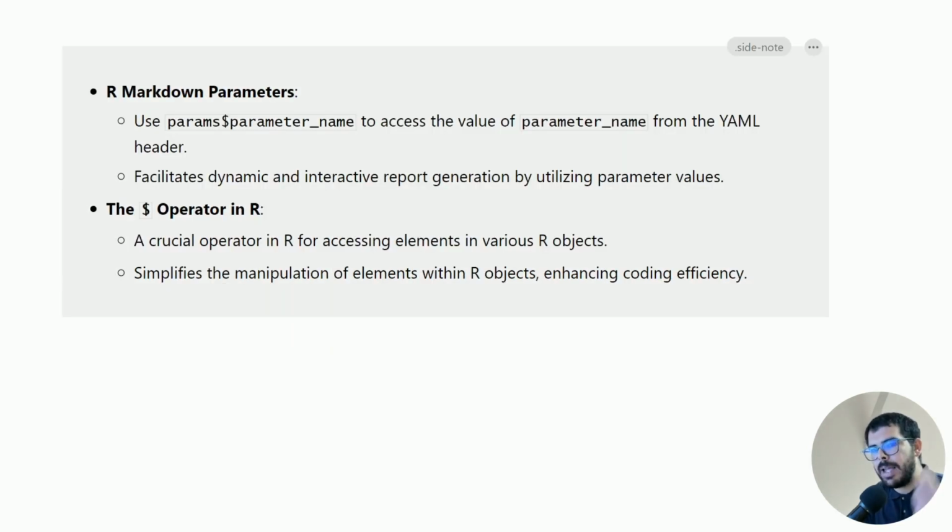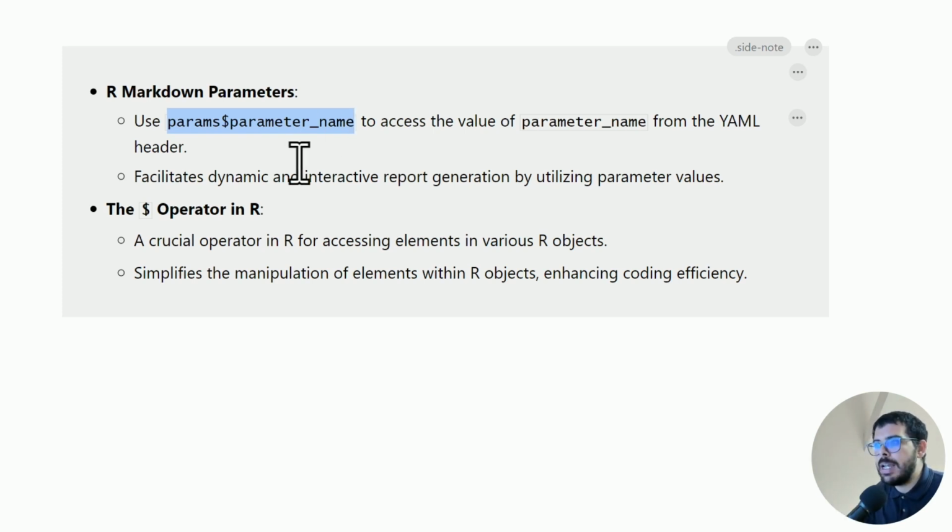The idea again is that we specify general parameters in the YAML header, where we put those parameters under the parameter params, and then we name our parameters and their specific values. So when we want to access one value from a specific parameter, all we have to do is write this command, params$parameter name.